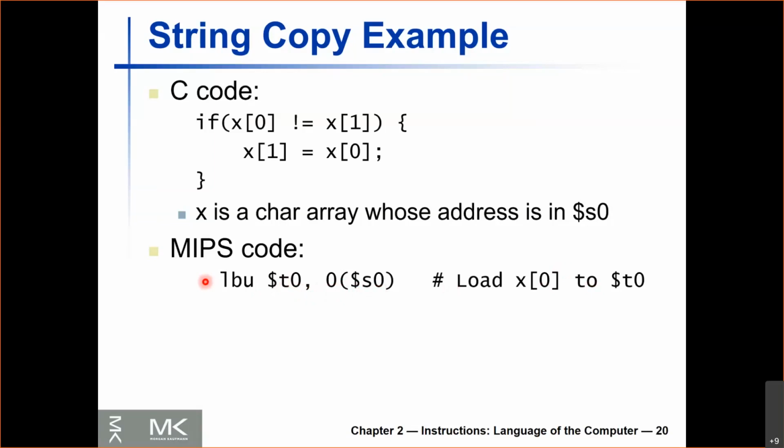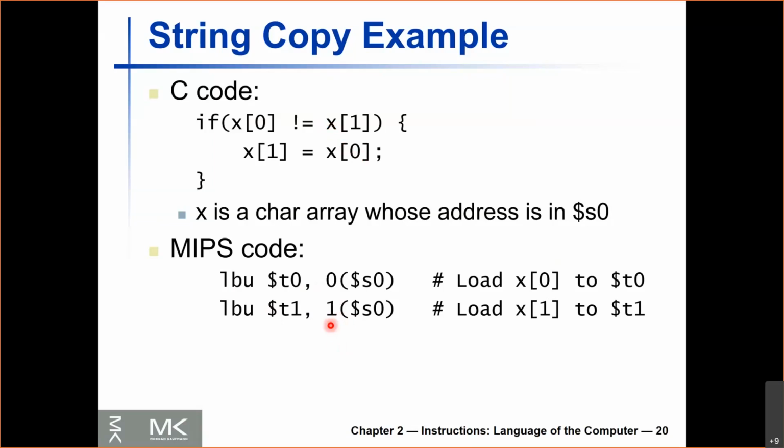What do we do next? Next, we want to load x[1]. How do you load x[1]? It's going to be the same thing. We're going to use load byte unsigned, but this time the offset is going to be 1. And notice an important thing here: before, when we had an array of integers and we did a[1], the index of 1 became an offset of 4 because it was an array of words.